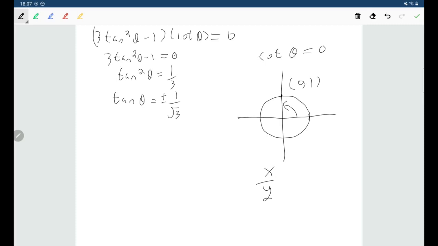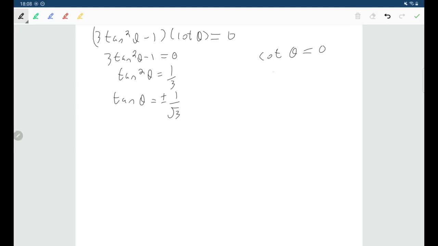And that would give you a value for cotangent of 0 over 1, which is 0. The other would be 3 pi over 2, the point 0, negative 1. That also would give you a value of cotangent of 0. So there's two values where cotangent is 0, one of them at pi over 2, the other one at 3 pi over 2.